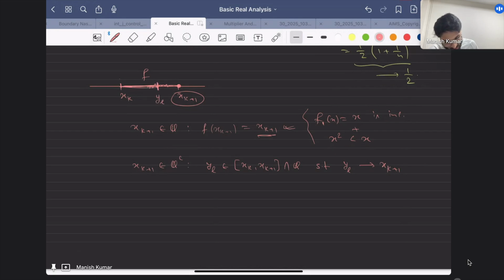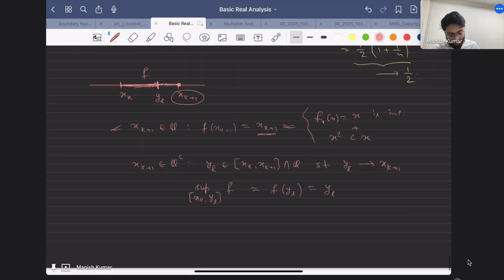By the same logic, if I take the supremum of the function on xk to yl, the supremum would be f of yl, equal to yl. So the supremum in this interval is attained at this point.